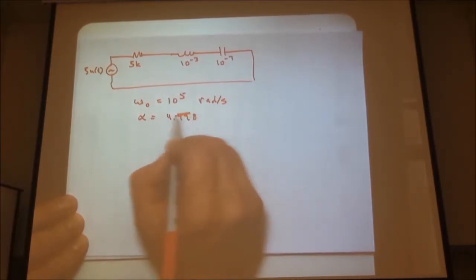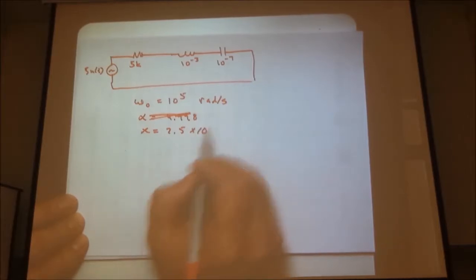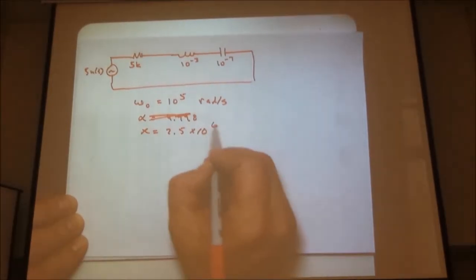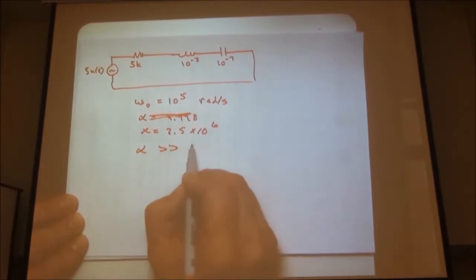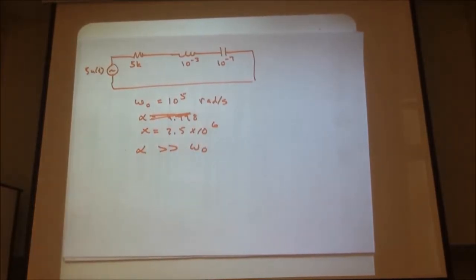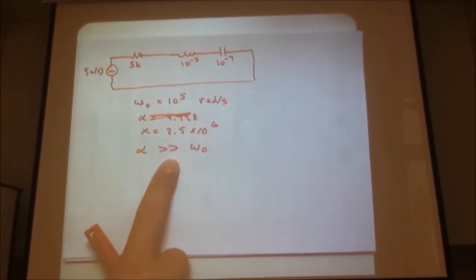Oops, so, wrong alpha. 2.5 times 10 to the 6. And so what we see here, alpha is much, much larger than omega naught. Now, more than an order of magnitude. And that's reasonably accurate to say greater than one order of magnitude, much, much larger.